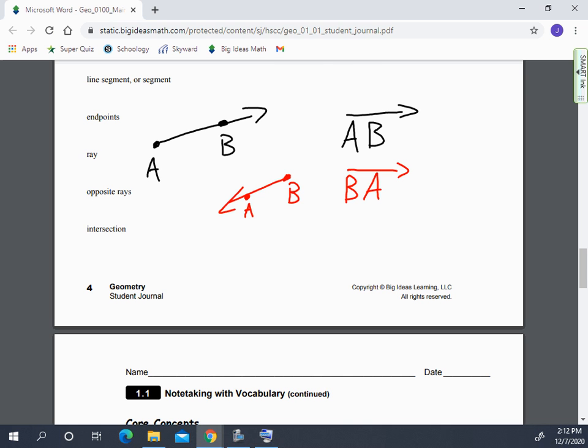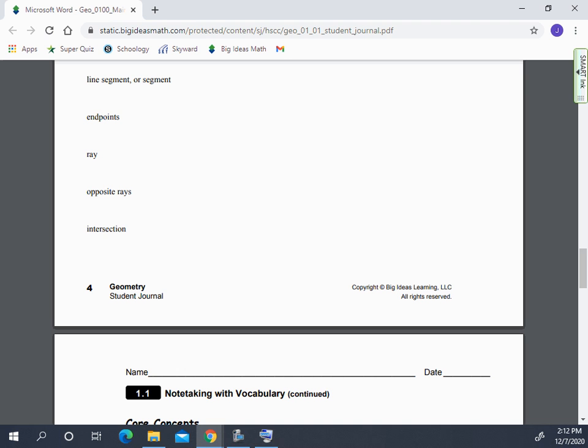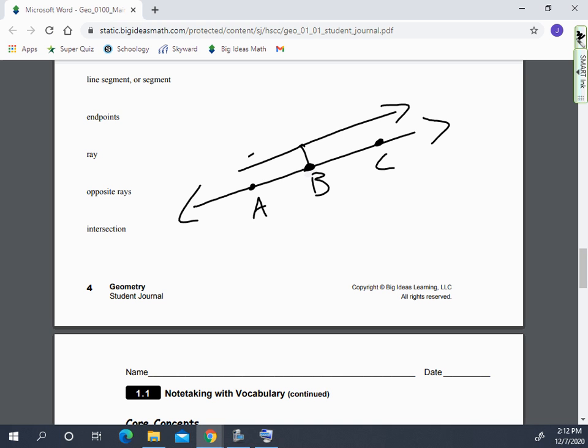Opposite rays. Let's say I have a line and a point A and a point B and a point C. Opposite rays start at the same point and go in opposite directions.